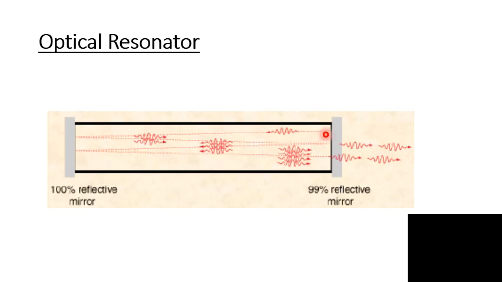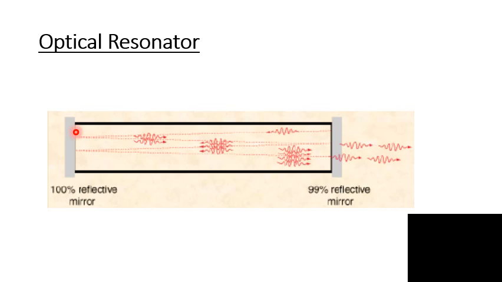Okay, what happens when the first photon is emitted from this laser system? Instead of coming out, these photons move back. When they move back, they again pass through the lasing medium, and they cause further stimulated emission.